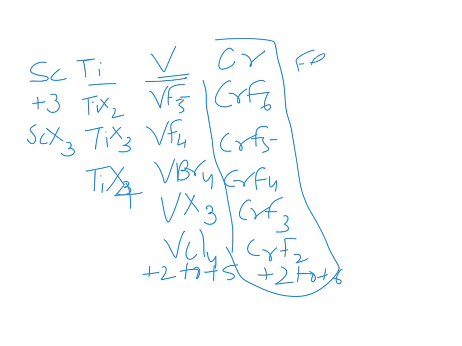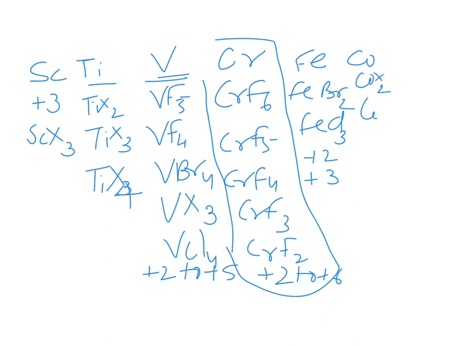Then iron: plus 2, FeBr2, then FeCl3, plus 3, so two oxidation states, plus 2 and plus 3. Then come to cobalt. Cobalt again CoX2 and CoX3, that is plus 2 and plus 3. Then nickel. Nickel only one, that is NiX2. Then come to copper.